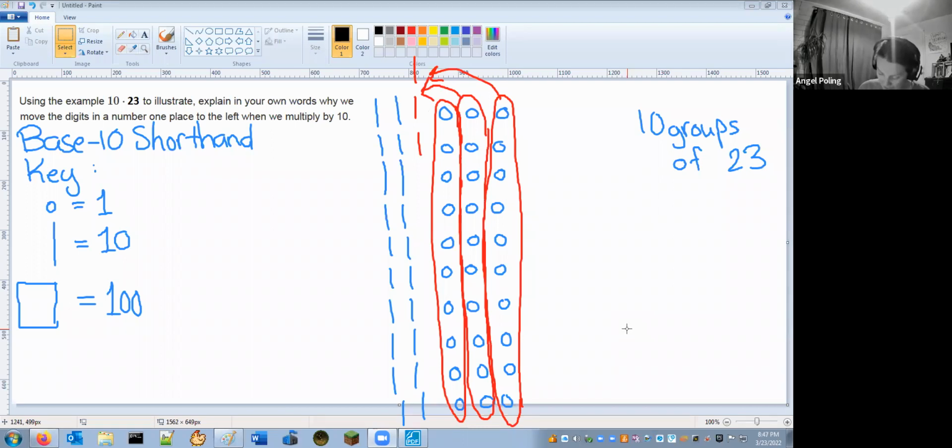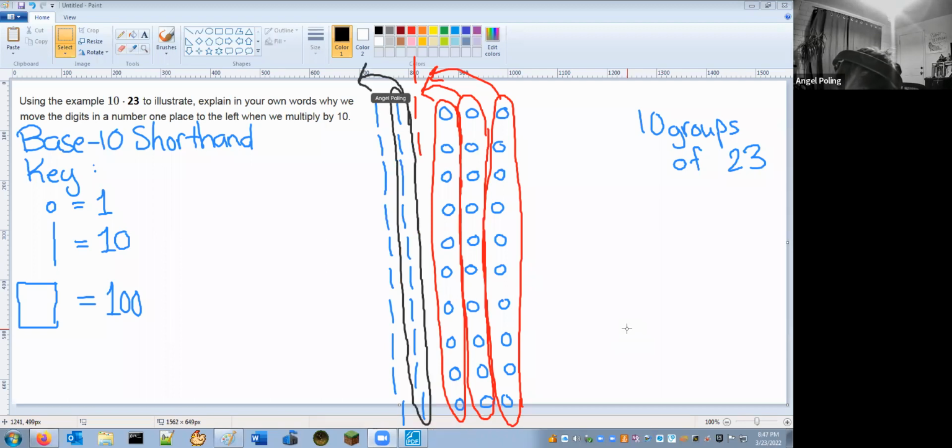And now I'm going to use a different color. Maybe we can see it a little better. I'm going to regroup 10 rods and trade it out for a flat, right? So I'm going to take a group of 10 rods and trade it for a flat.